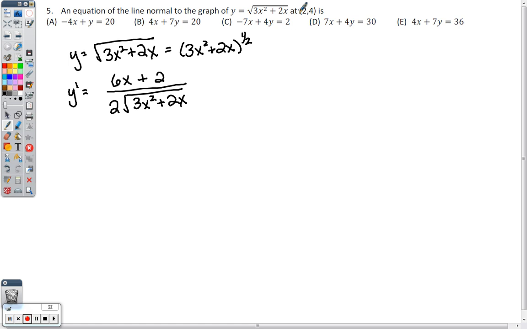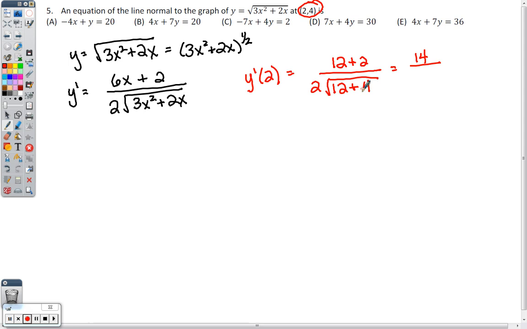Now we need the derivative at this point, right? So y prime of 2 is going to be, well, 6 times 2 is 12, plus 2, over 2 times the square root of 3 times 2 squared is 12, plus 2 times 2 is 4. 12 plus 2 is 14 over 12 plus 4 is 16.